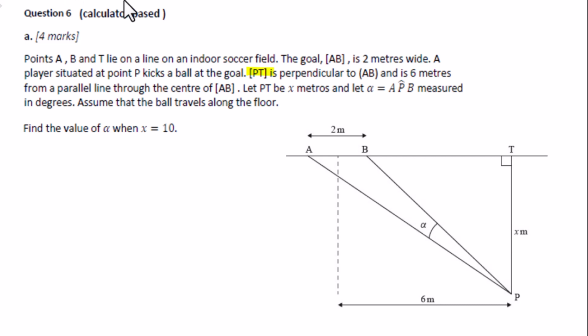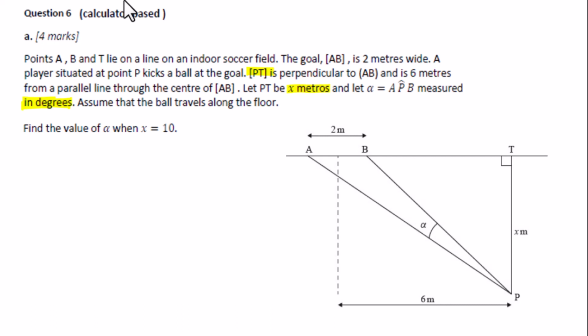PT is perpendicular to AB, and it's 6 meters from a parallel line through the center of AB. Let PT be x meters, and let alpha equal angle APB, measured in degrees.